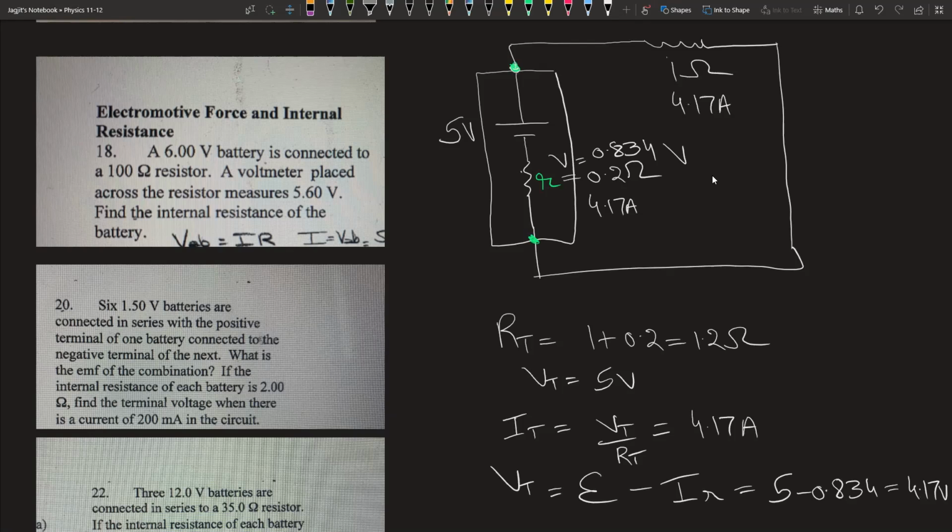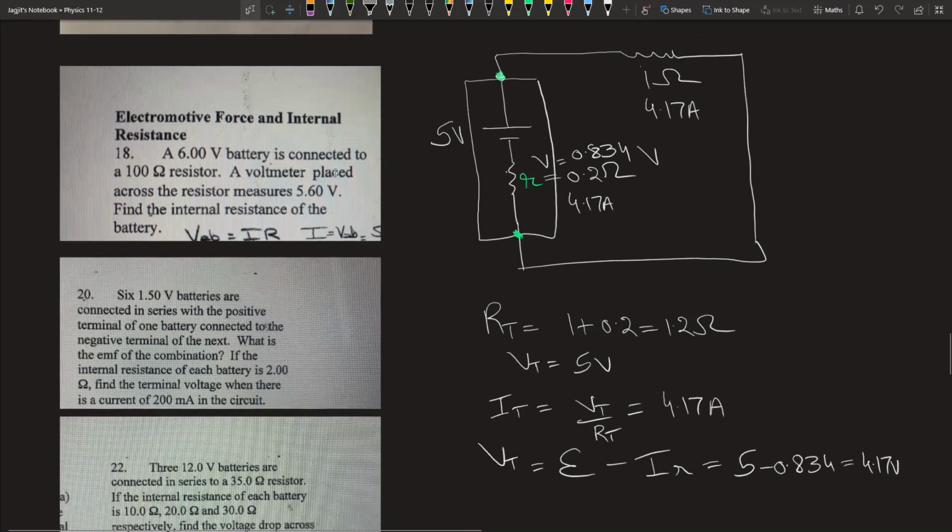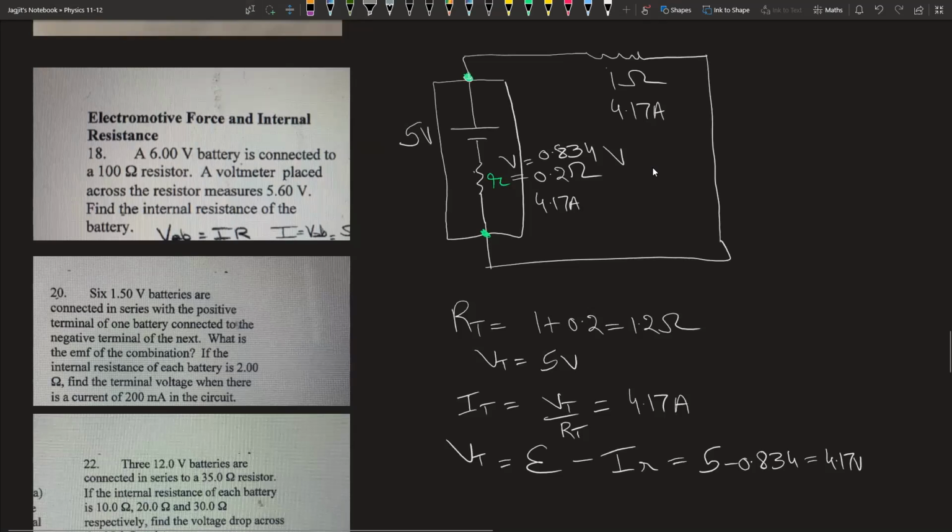So there we go, folks. Even though the battery was rated at 5 volts, the actual voltage that comes out is only 4.17 volts. And you can see how many volts are going to drop over here: 4.17 times 1, which is 4.17, exactly equal to your terminal voltage in this case.